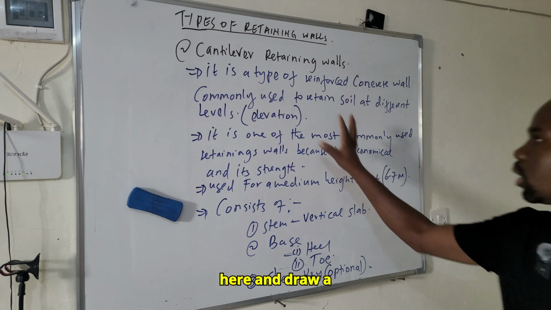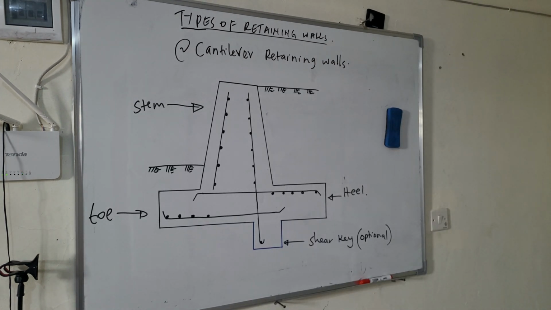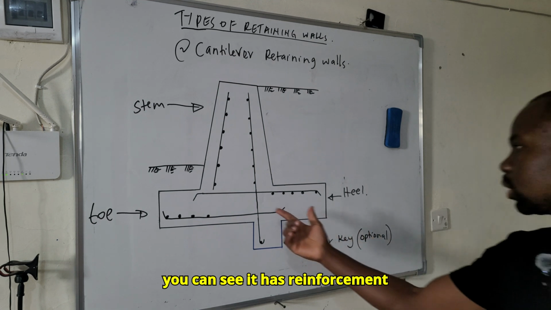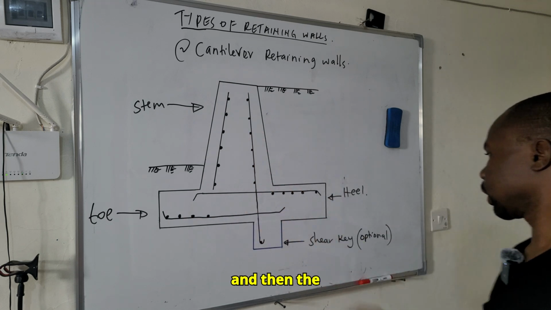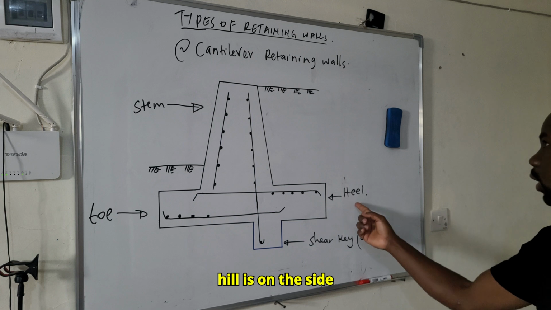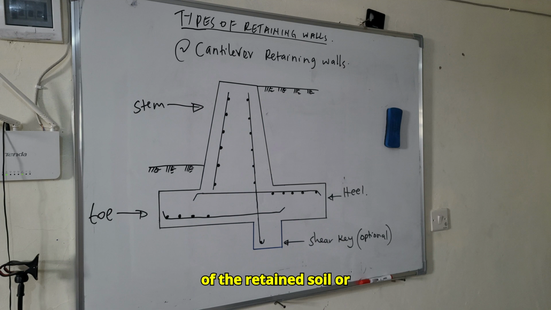So I will erase here and draw a cantilever retaining wall. So this is a cantilever retaining wall. As you can see, it has reinforcement. And then the heel is on the side of the retained soil or earth.